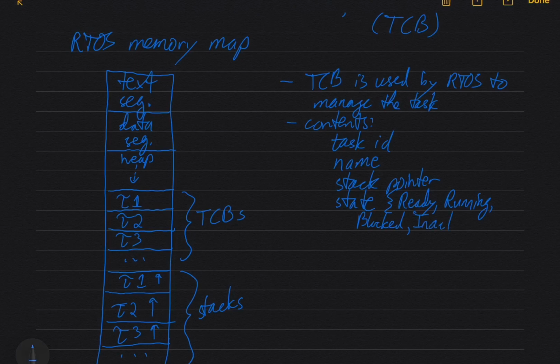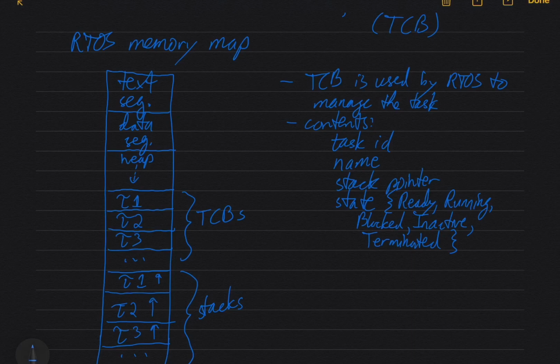A task can be inactive if you have created the task but you have not started the scheduler yet, and tasks can also have a terminated state. So their storage might stay around after they finished execution.